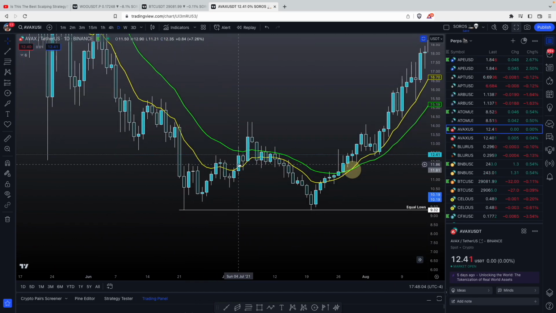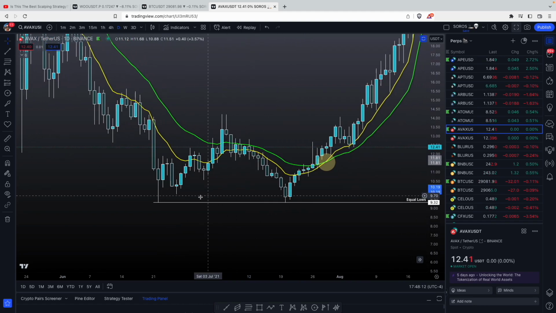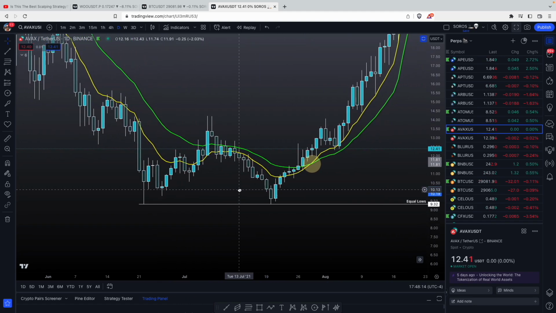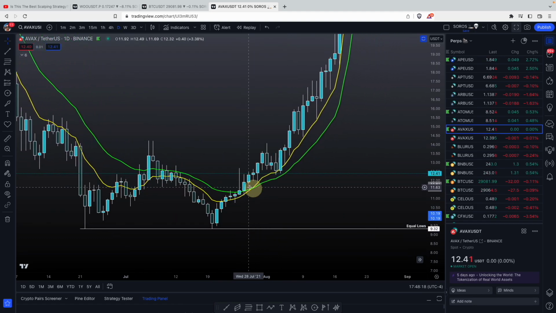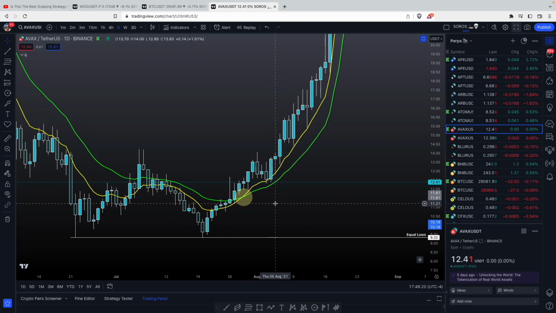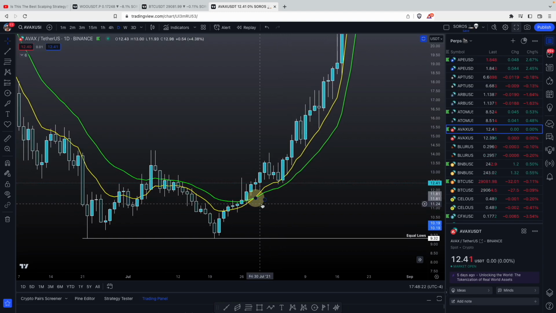And then you can see it contracts here when it's doing this corrective move up, rebalance, and then pull back. It didn't take this low. It actually created equal lows on AVAX here, but then here's where you get the bullish cross of the two EMAs. Here's where you get a retest of the two bands.